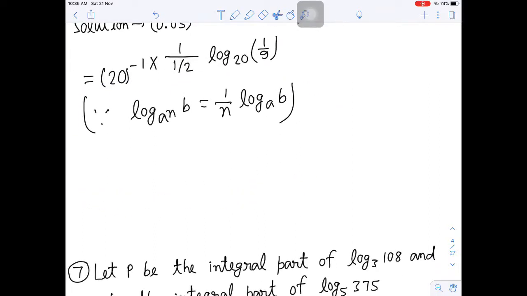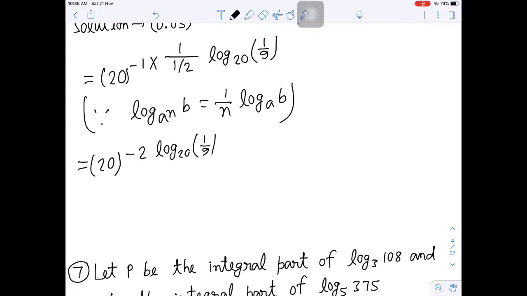Now if you simplify this, it will become nothing but minus 2. So it will become 20 raised to power minus 2 log 1 by 9 base 20.